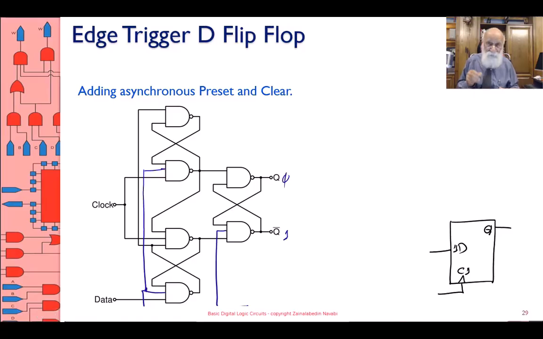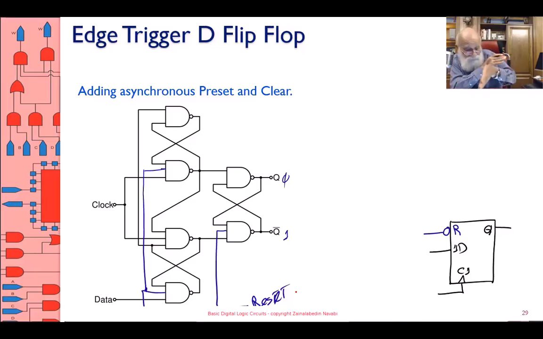And then this becomes my active low clear input, or active low reset input. What I have created is an active low reset. Notice that this active low doesn't require the clock. What it means is it comes in and forces the output regardless of what value the clock is.